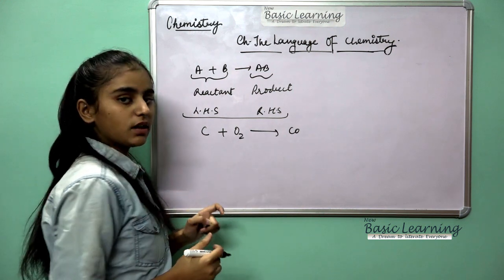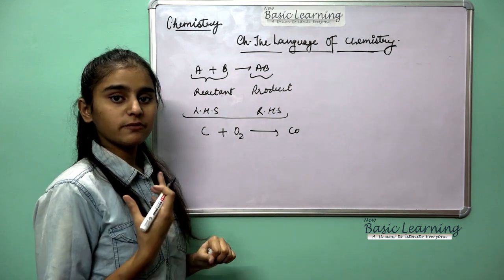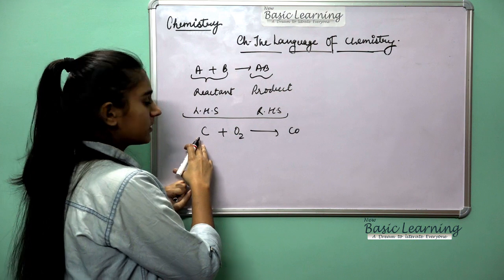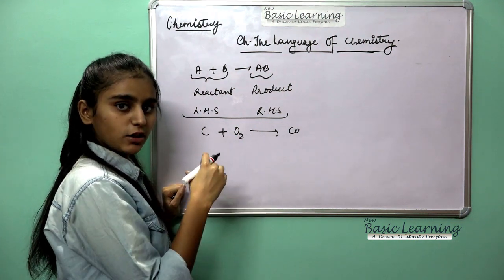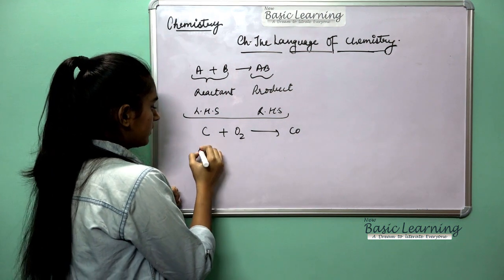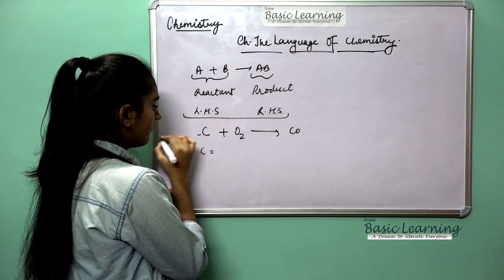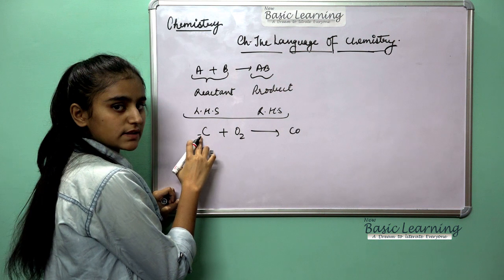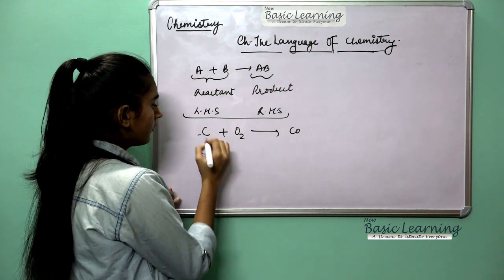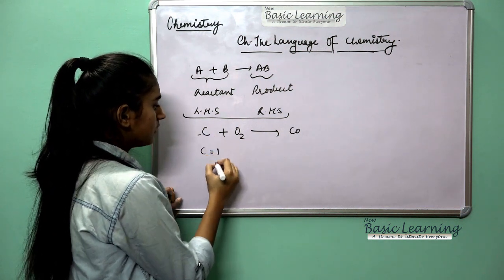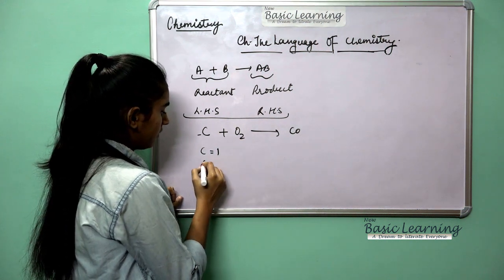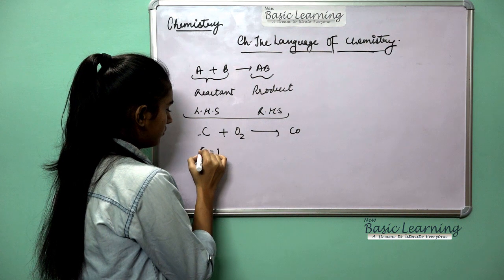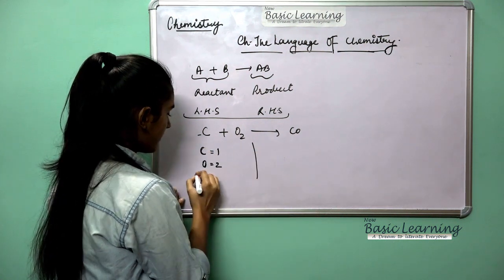What the law of conservation of mass says is that first we have to count the number of moles on the reactant side and the product side. Where there is nothing, it is considered as 1. Number of moles for C is 1. Number of moles for O is 2. Now come to the product side.